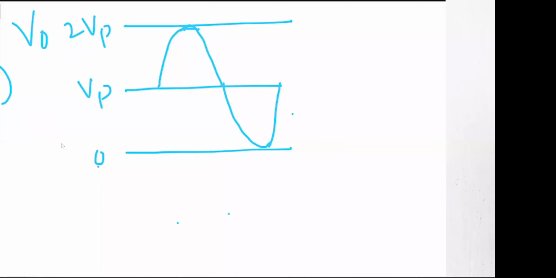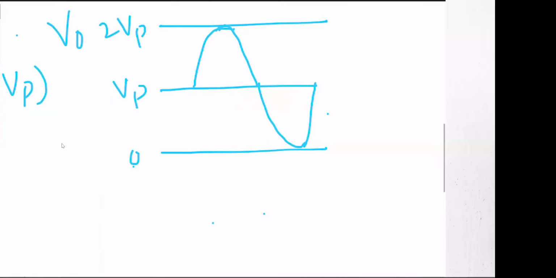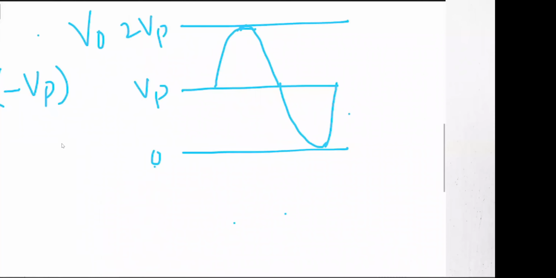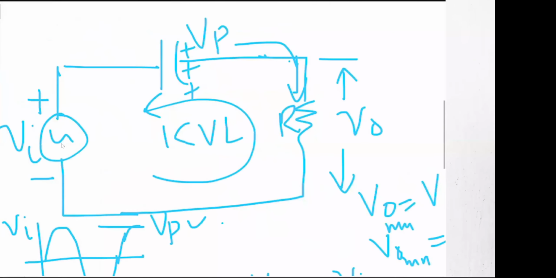Sir, what is V naught? V naught is basically, if you see in the circuit, V naught is across the resistor, right?